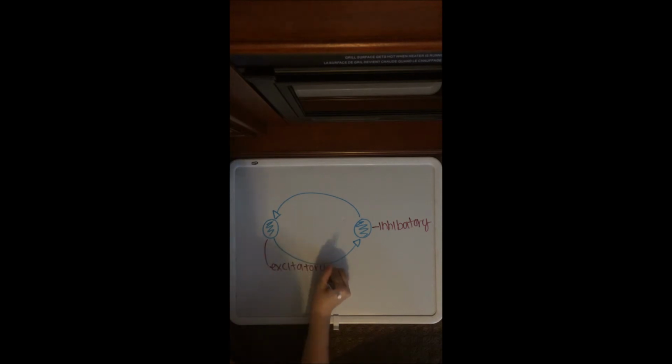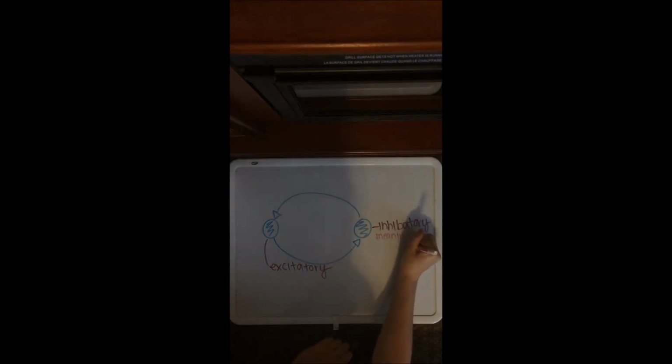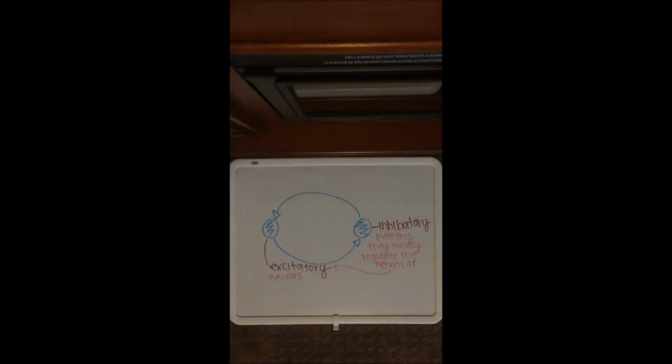These neurons are also inhibitory, which means they can locally regulate the actions of excitatory neurons, which increase the probability of an action potential occurring locally and long range.